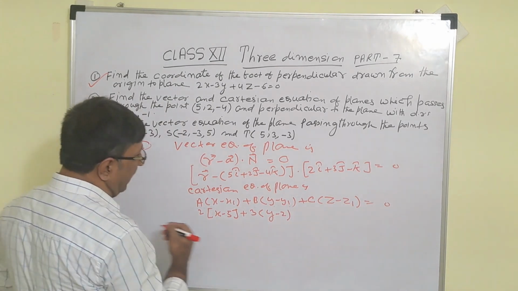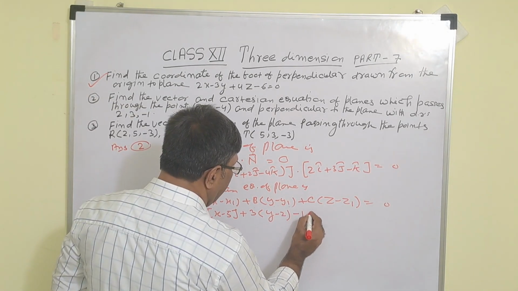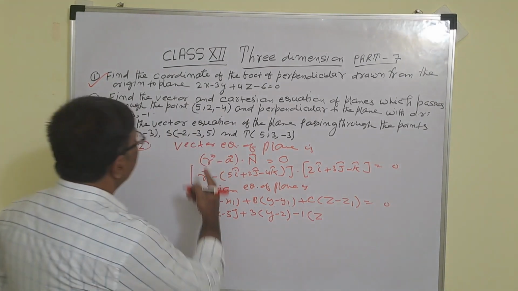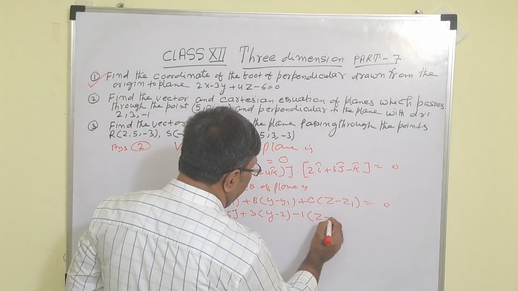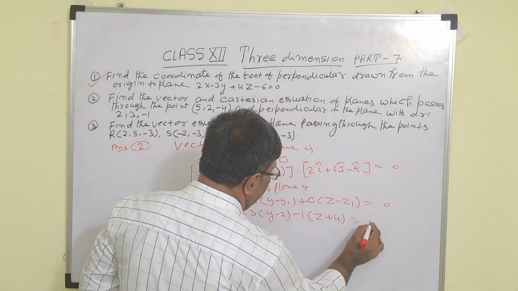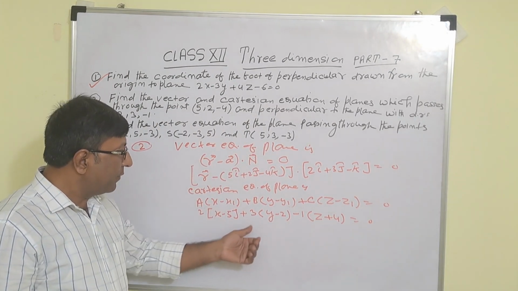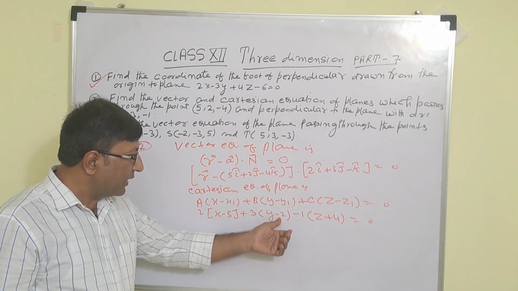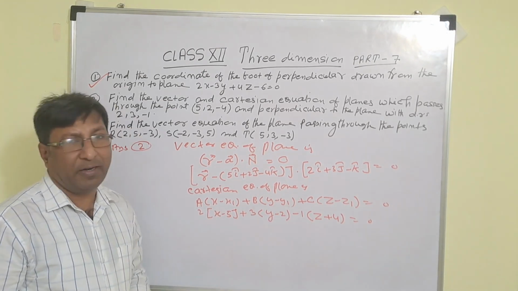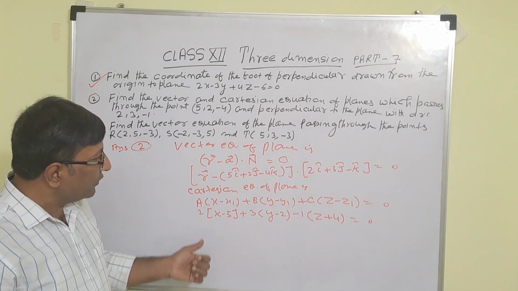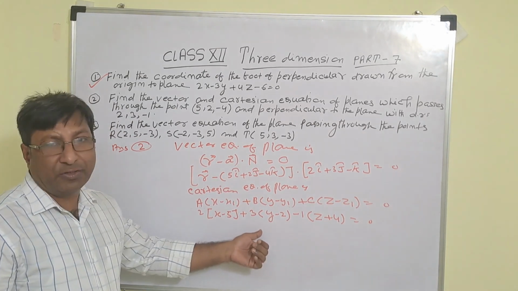Again c is given minus 1, so this is minus 1 into z, here minus 4, so minus minus plus. So 2 into (x minus 5) plus 3 into (y minus 2) minus z plus 4 equal to 0. This is the Cartesian equation of the plane.